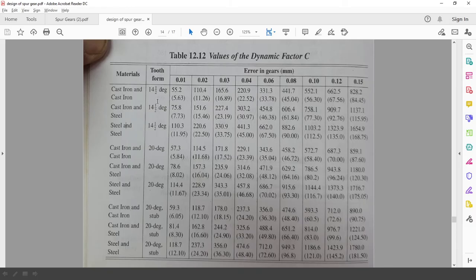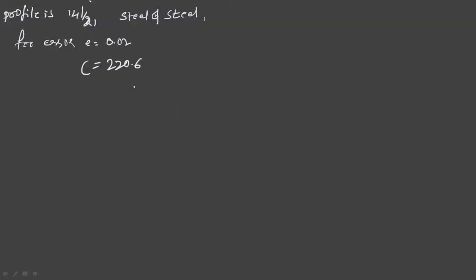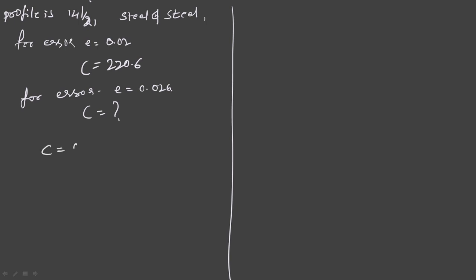For error E equals 0.02, C is 220.6. Now let us calculate using the interpolation method for error E equals 0.026. So C equals 0.026 into 220.6 divided by 0.02.